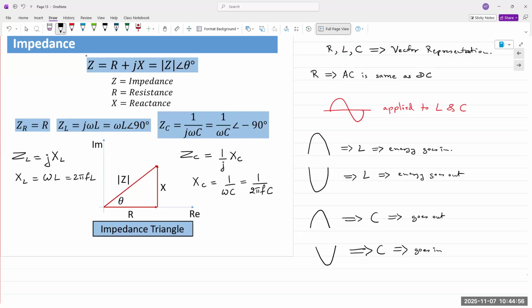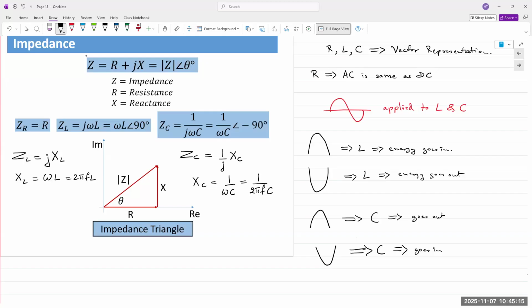And if the system has all three, meaning you have an RLC system, you have a resistor in there, you have an inductor in there, you have a capacitor in there, then combined effects of all, you have pure resistance, which is plotted on the x-axis, and then your reactance, inductor points up and capacitance points down.